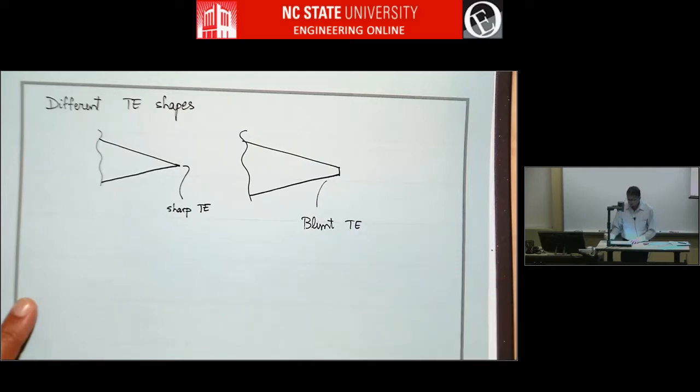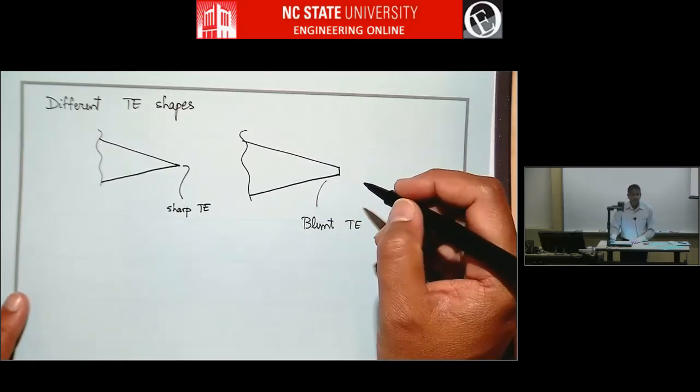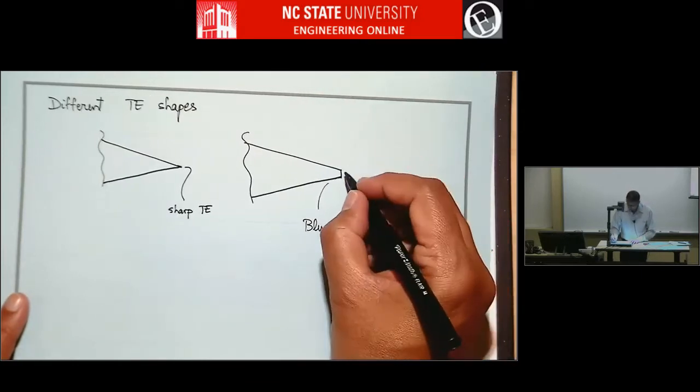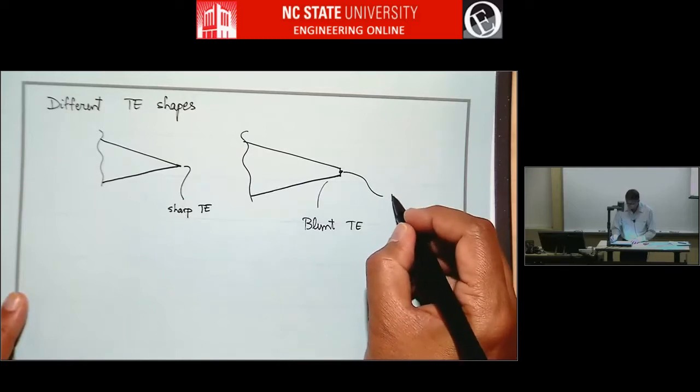And so the question becomes, what do you call the trailing edge now, because this is not a single point. Usually you take this point as the trailing edge point.